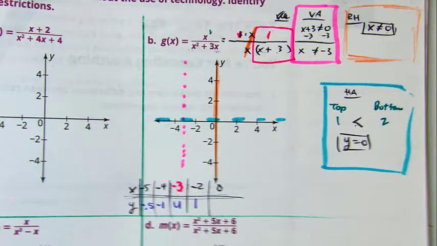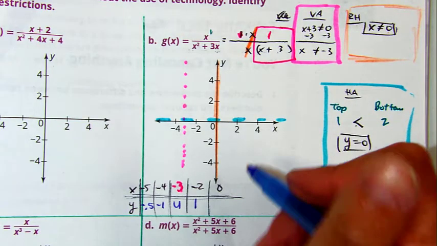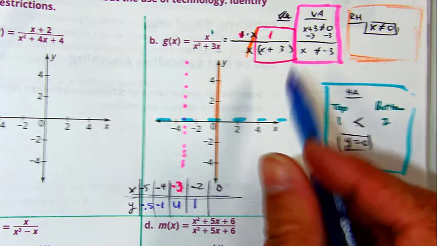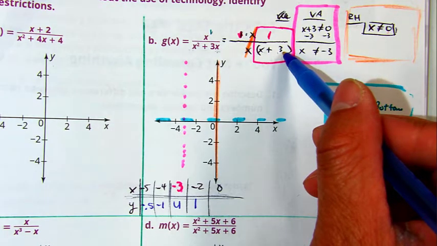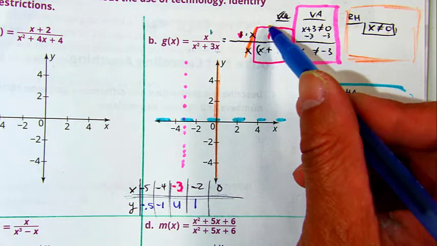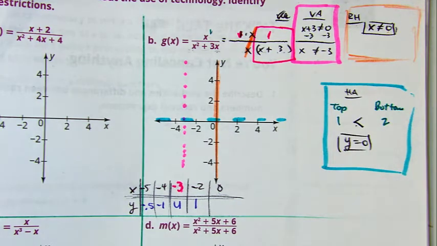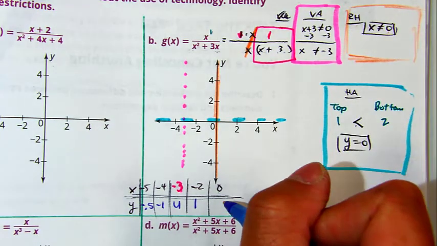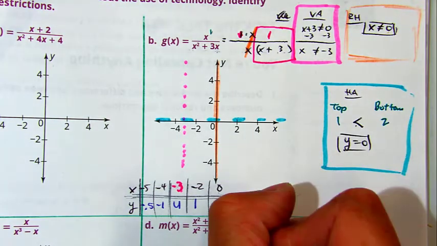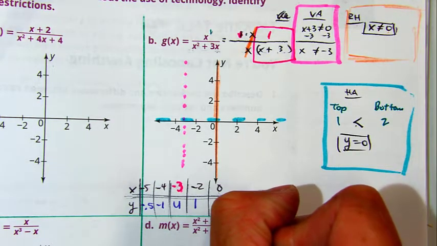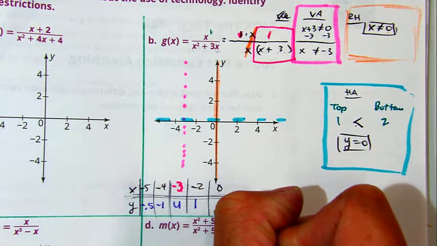And Angel H. If I take 0, 0 plus 3. 3. And then 1 divided by 3. Yep.